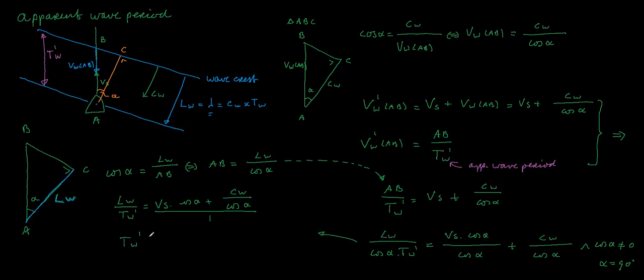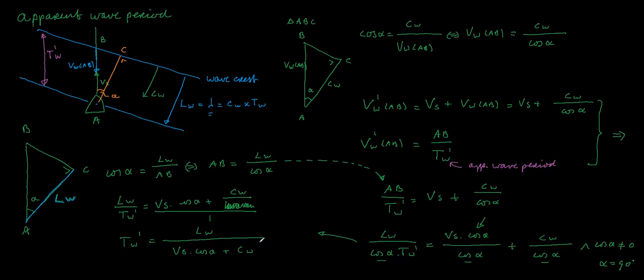We say the apparent wave period equals 1 times the length of the wave divided by, and then we have the thing over here. I'm not sure this is right. I put here the cosine alpha, but that's not good. So that would be a 1, because here we have a cosine, a cosine there, and a cosine there. So we skip the cosine because it's in every denominator. So we only have the cosine here, which would be that one. Okay, so I have speed of the vessel times the cosine alpha added to the wave speed.